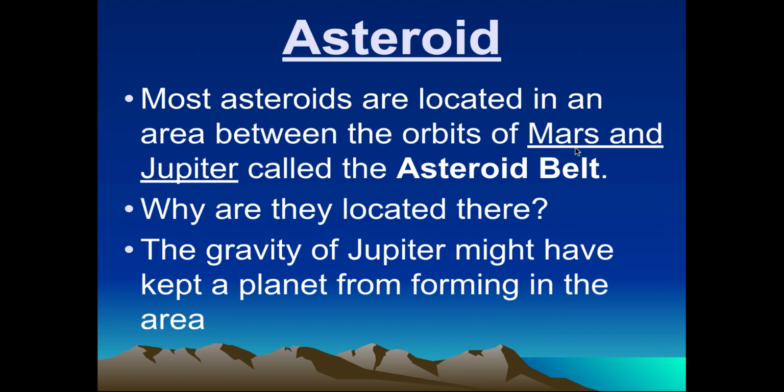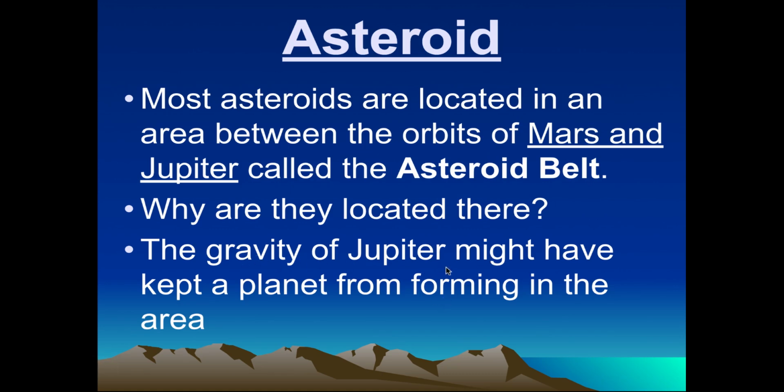Well, you might remember from our work on the solar system and the planets, Mars is the last of the first 4 planets that are made out of rock. Jupiter is the first of the last 4 planets made out of gases. So after Mars, any remaining rocky items, they did not become a planet, they exist as these asteroids, and they hang out there between Mars and Jupiter.